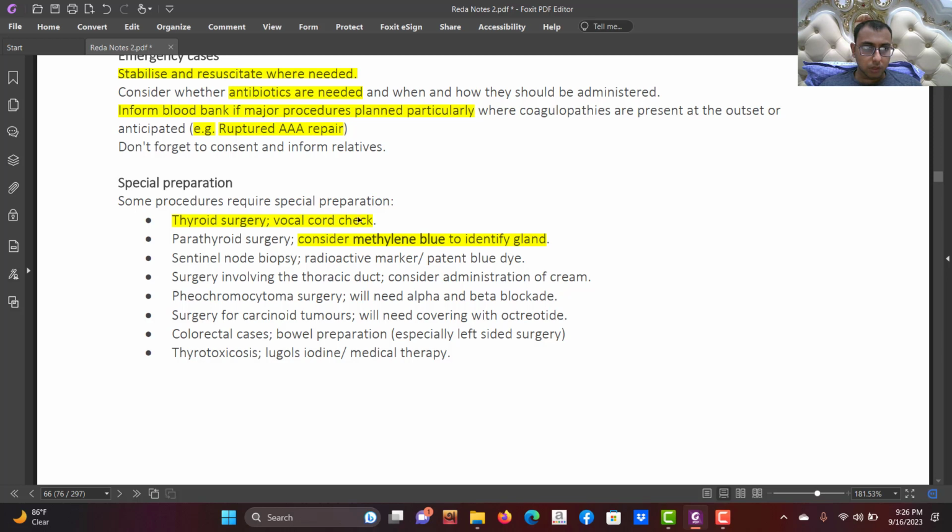We have to know the T3, T4, TSH and parathyroid gland status, and use methylene blue because we have to know where the gland is and whether it is functioning or not. We all know that the parathyroid gland is very essential for calcium management, postoperative hypercalcemia or hypocalcemia, which is managed by the parathyroid gland, so their activity is also necessary to know.